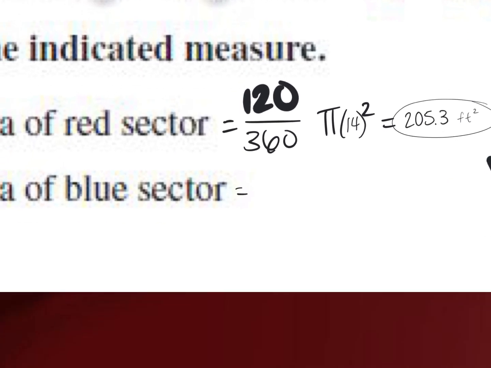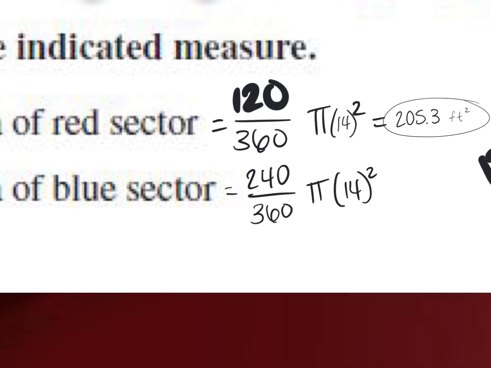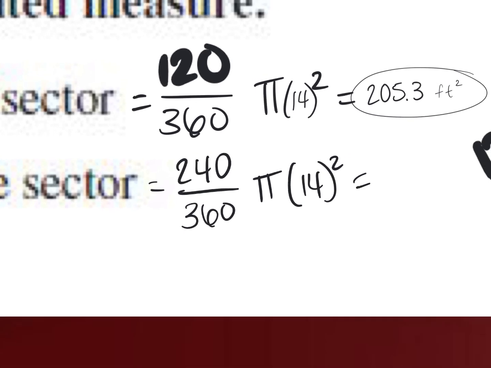So we do 240. What else do I do? Divide it by 360 and multiply it by pi r squared, which in our case is the same thing, pi times 14 squared. So you plug that into your calculator. Make sure you do 14 squared first. I got 410.5. And it was feet squared.